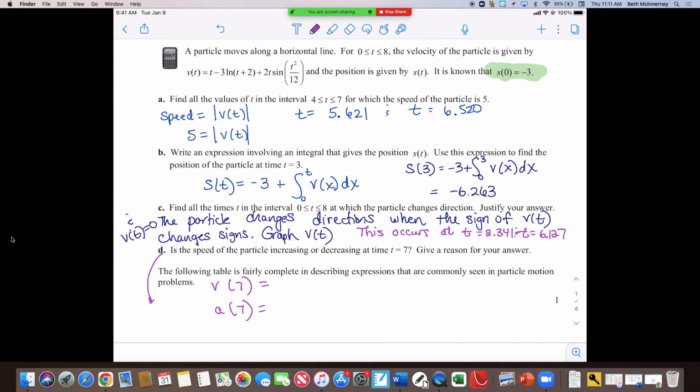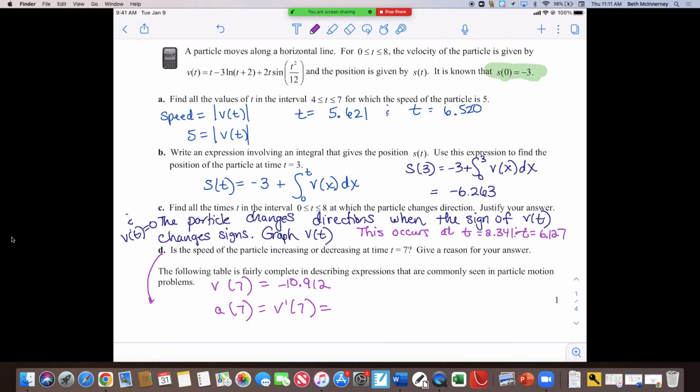So, if you have defined v of t, you can now, on a blank page, do v of 7, and I got negative 10.912. And then, do you remember when you press menu, you can do derivative at a point or derivative at a value?